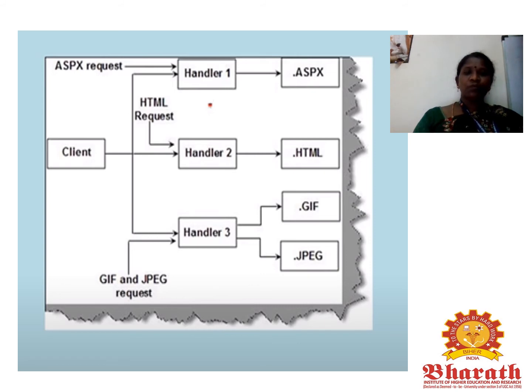So the client sends one request to an ASPX handler, another to an HTML handler, another to a GIF or JPEG image handler. The first handler we can use for ASPX files, the second handler for HTML files, the third handler for any image, that is GIF or JPEG.